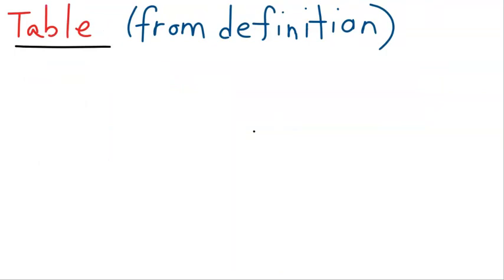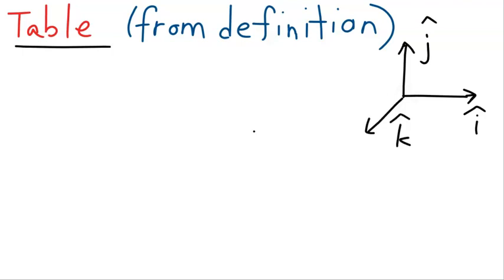Next, let's try to calculate dot product among unit vectors. There are 3 unit vectors. So the unit vectors along the x-axis, the i hat. The unit vector along the y-axis, j hat. And the unit vector along the z-axis, k hat. So let's begin with i dot j.